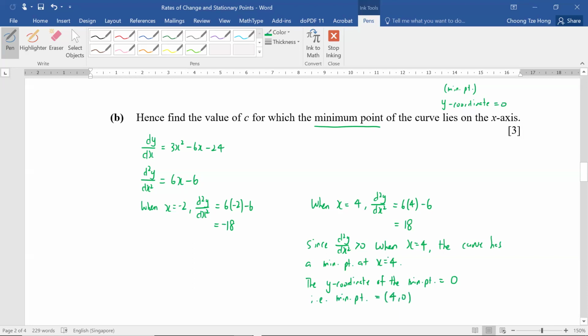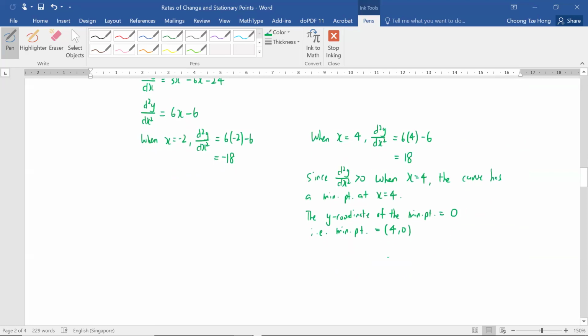We're going to sub x equals 4, y equals 0 into the curve, and that will allow us to find the value of c. The equation of the curve, if you recall, is y equals x cubed minus 3x squared minus 24x plus c. So when x equals 4, y will be equal to 0. Let's sub inside.